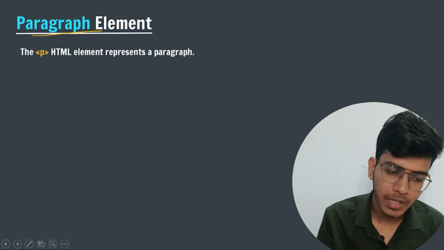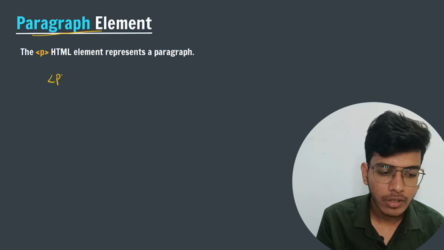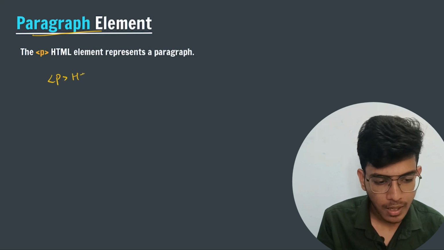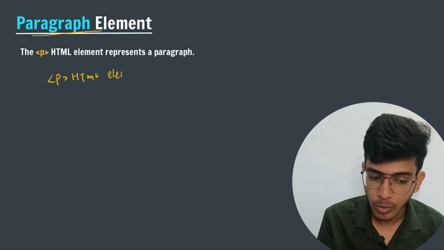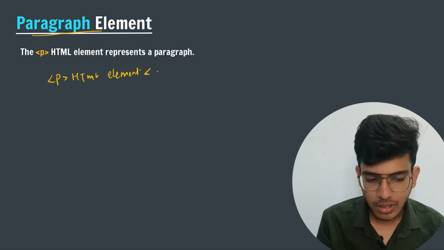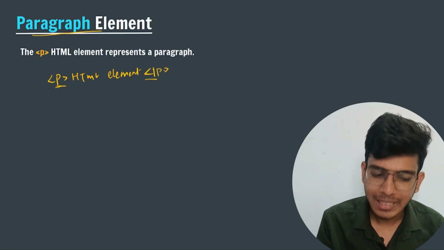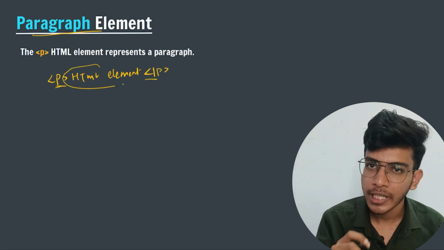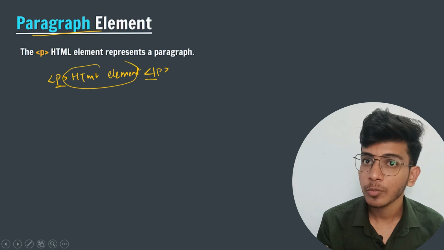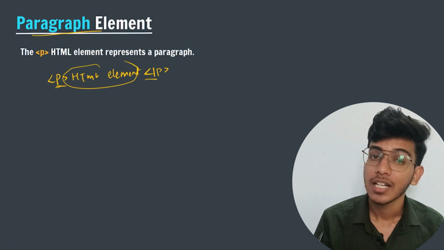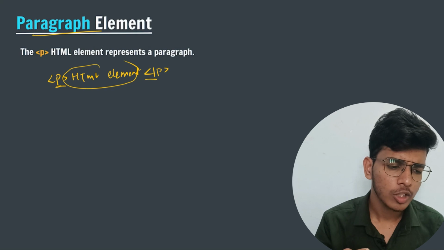Now coming back to our PPT, we have studied what a paragraph tag is and how we can write it. Like this we will write our paragraph HTML element, and whatever content comes between the opening and closing tags will get displayed on my web page. And one more thing is that I can also write nested tags.